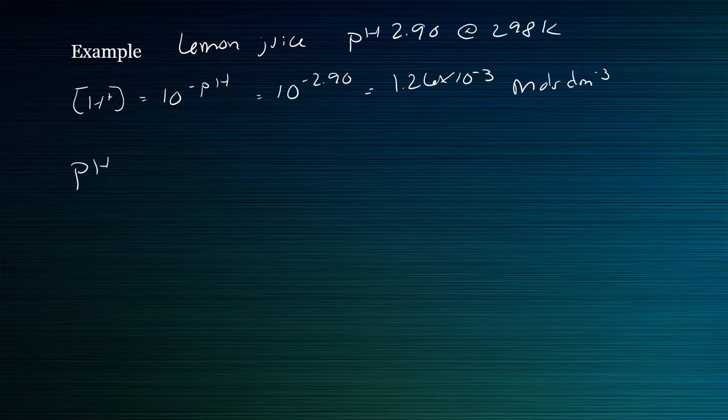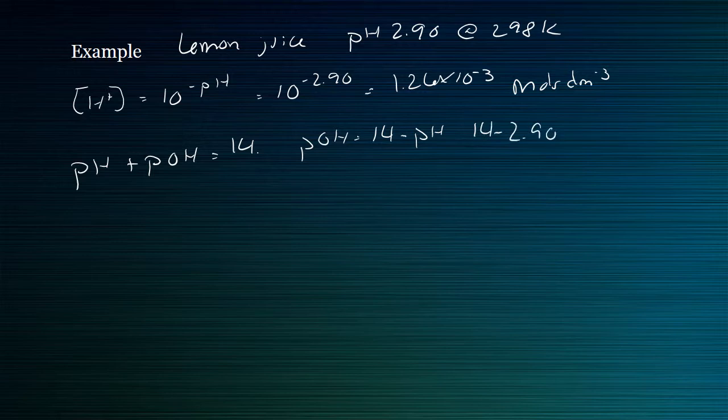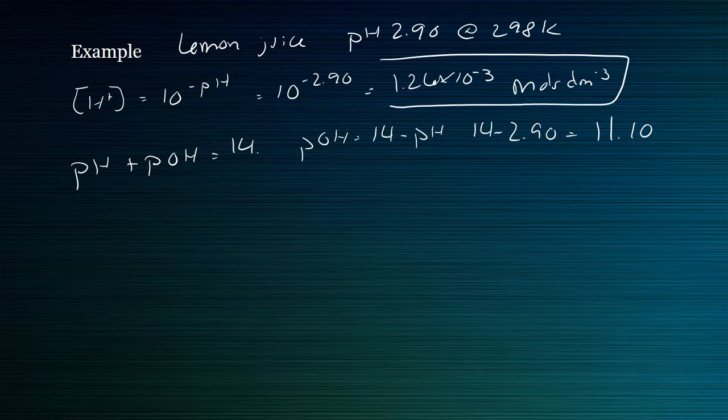Because we know our pH and it's occurring at standard temperature, we can figure out what our pOH is. If we isolate pOH, it equals 14 minus pH, so that is 14 minus 2.90, that's going to be 11.10. I'm going to square these so we can keep track of all of them.